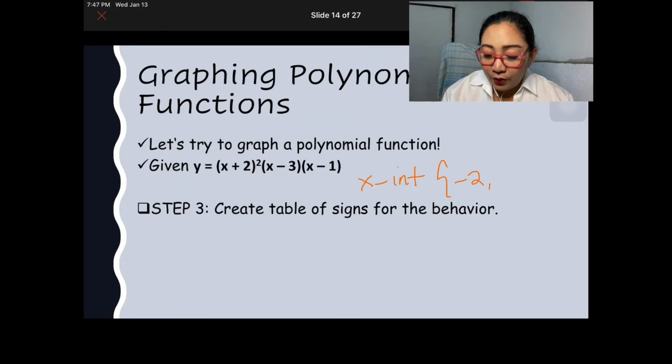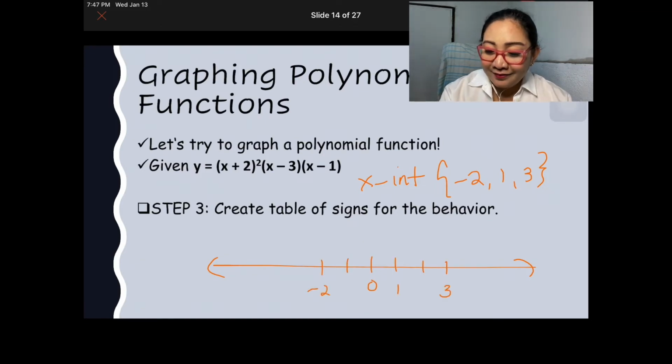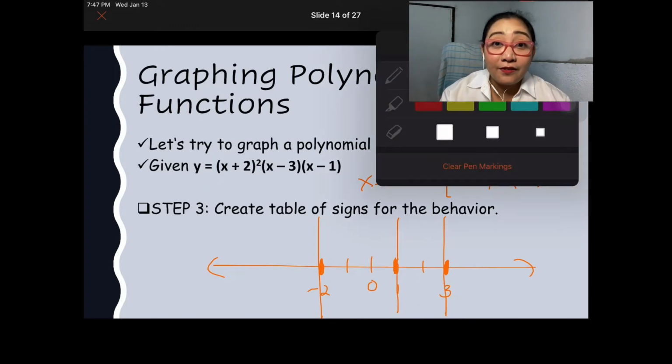So, if we are going to plot that in our number line, okay? Kunwari, pantay-pantay na lang, ha? So, we will have negative 2, 1, and 3. So, yung x-intercepts po na yan ay nagsaserve sila as barriers. Okay? Now, it splits your Cartesian coordinate plane into 4 specific areas.